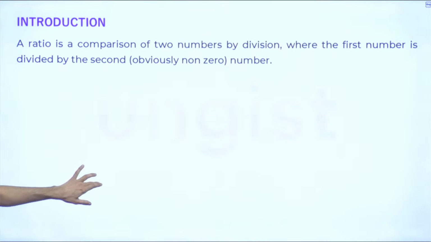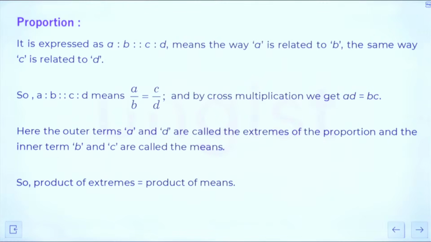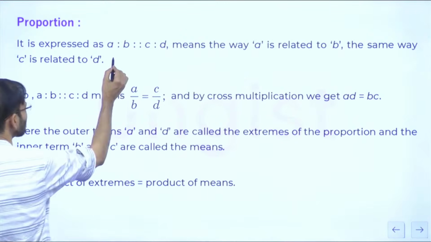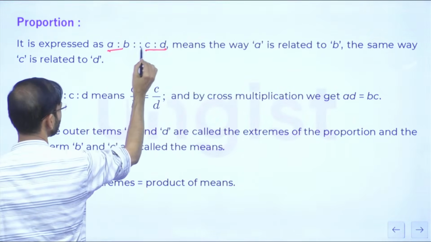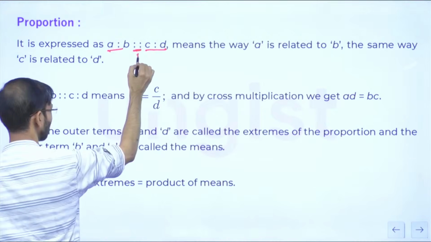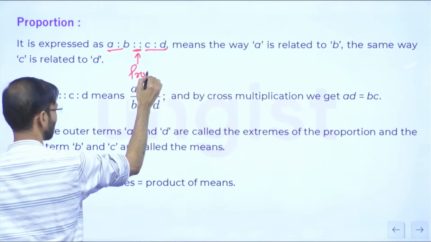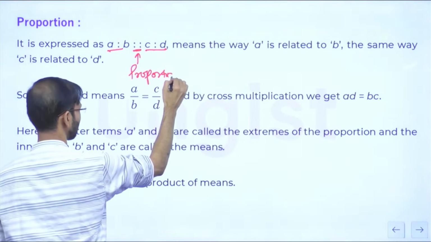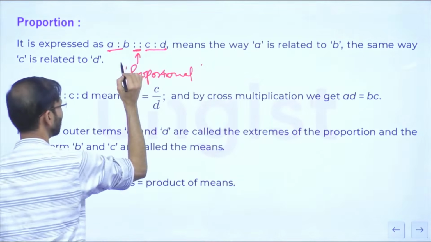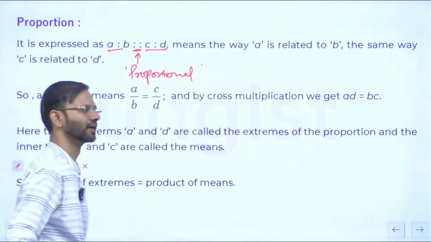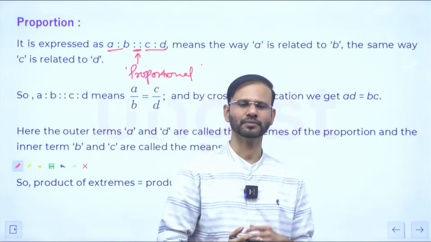Now guys, A is to B is proportionate to C is to D, right? This is A is to B and this is C is to D, and this is the proportional symbol. What do you mean by proportional?